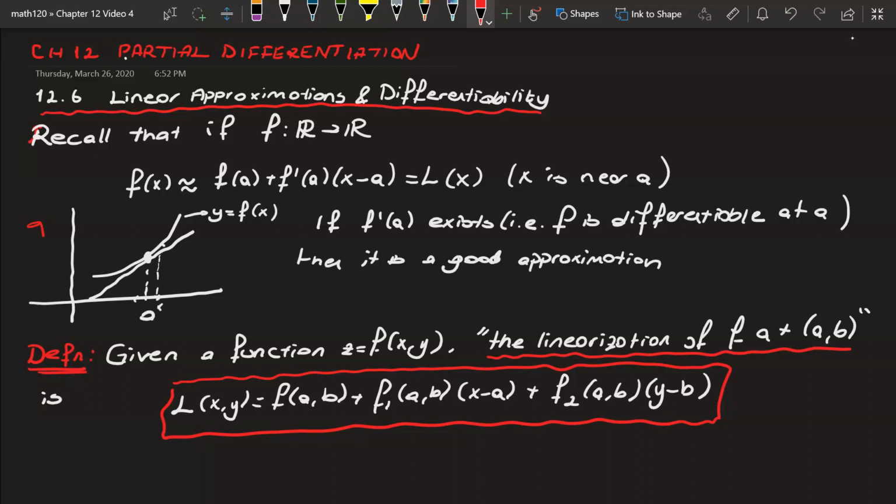This is the equation of the tangent plane at (a, b) for f of x, y equals z if the tangent plane exists. But in our previous video, we assumed the tangent plane exists and found the equation of the tangent plane at a given point. We haven't mentioned the conditions for existence of the tangent plane yet. Now we can come to that point.